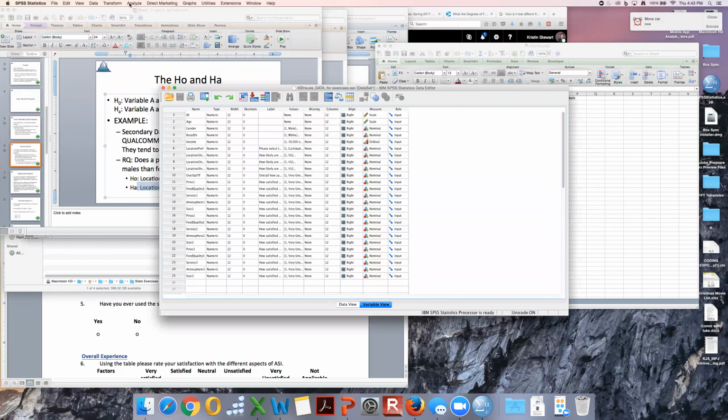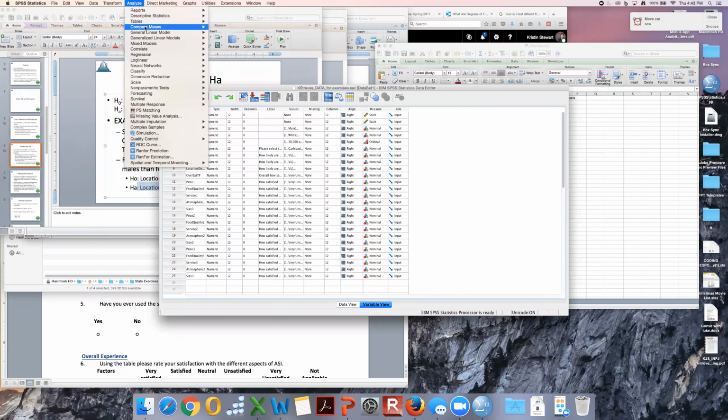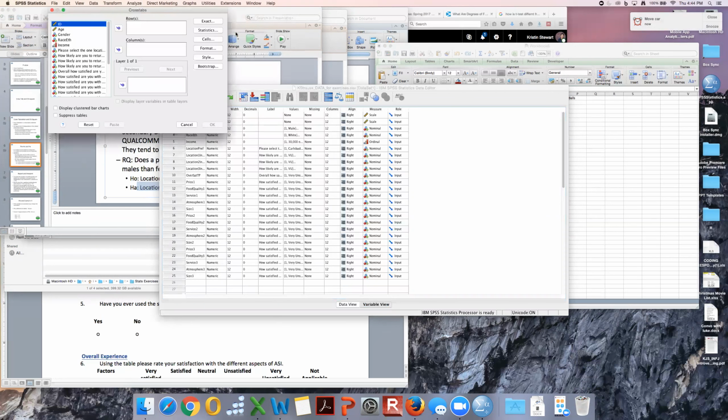So I would go to Analyze, Descriptive Statistics, Crosstabs, and click it. My variables are gender, so I put it in there. Right-click to see what these say. Location preference, we go in here. And this is going to do the descriptive portion of the crosstab.